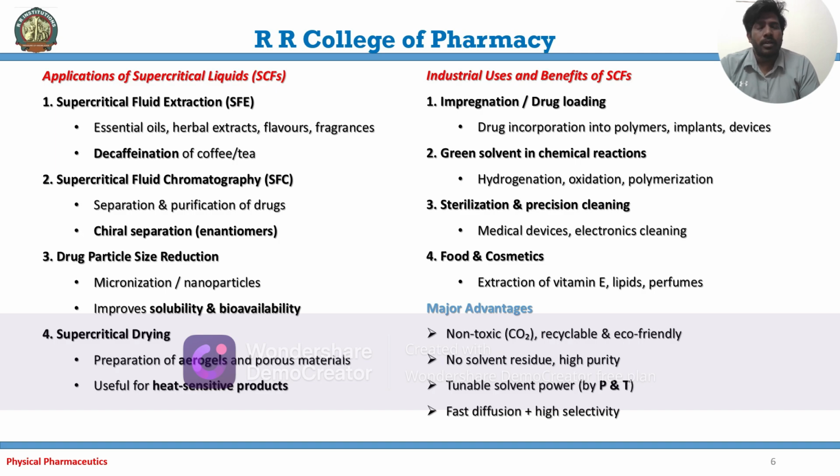These supercritical fluids can be used for tunable solvent power by adjusting the temperature and pressure. They are also very useful as they have very high diffusibility and high selectivity.